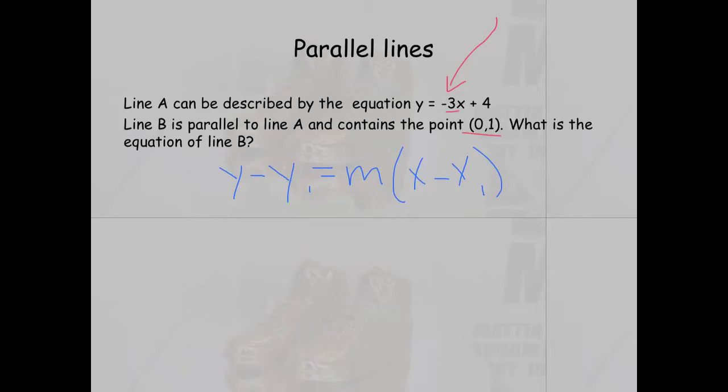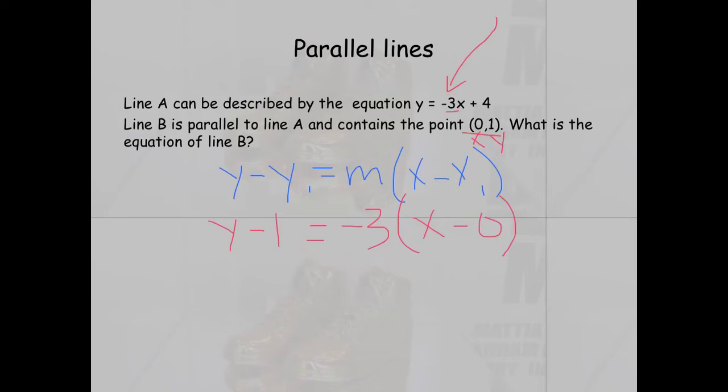Alright, so let's start plugging stuff in. We know that parallel lines have the same slope, so the slope of line B is going to be the same slope as line A, or negative 3. This x is just always going to be there, and from the point we take x and y, so in this case x is 0 and y is 1.